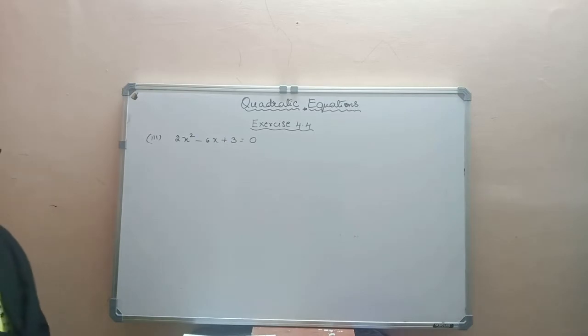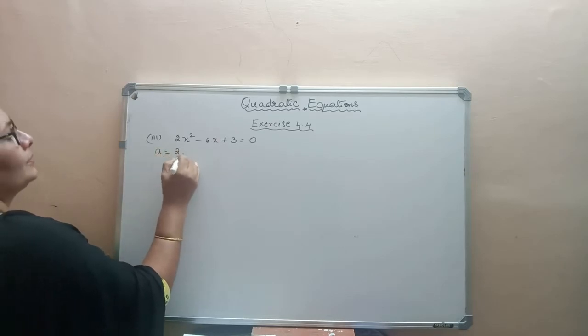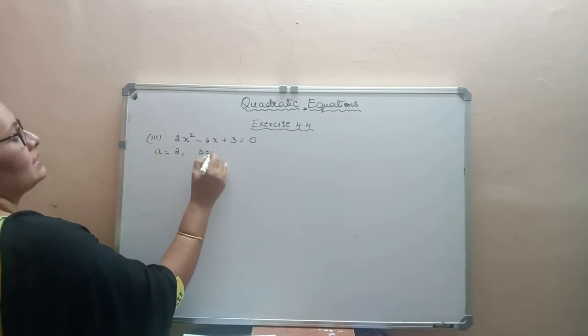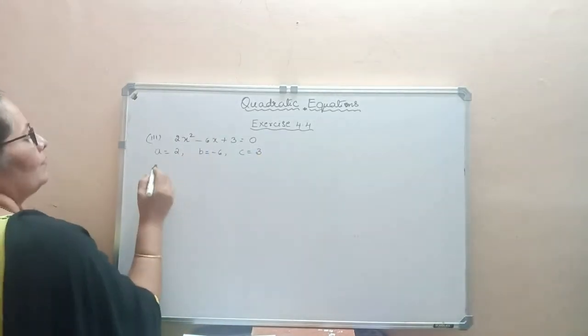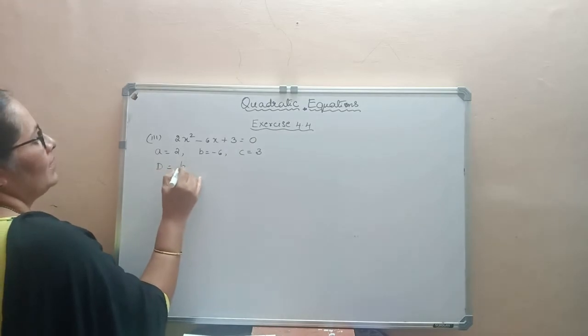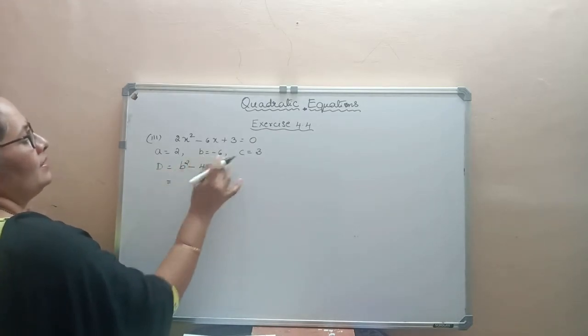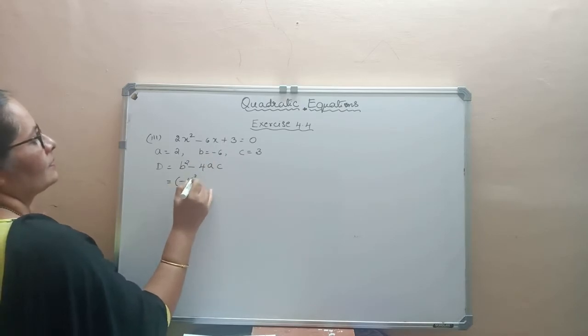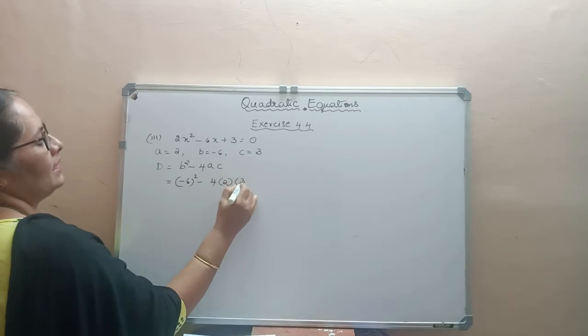On comparing the coefficients of x square, x and the constant, a equals 2, b is minus 6 and c is 3. Right? Now first we find the discriminant. D is b square minus 4ac. What is b? Minus 6. A is 2 and c is 3.